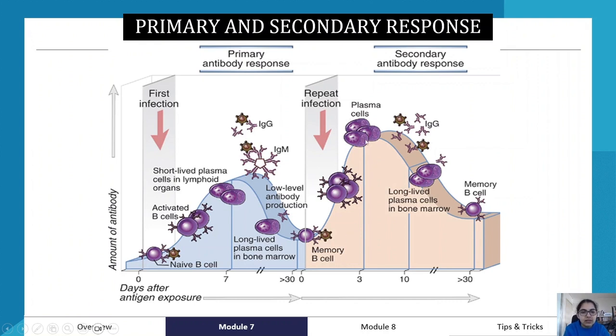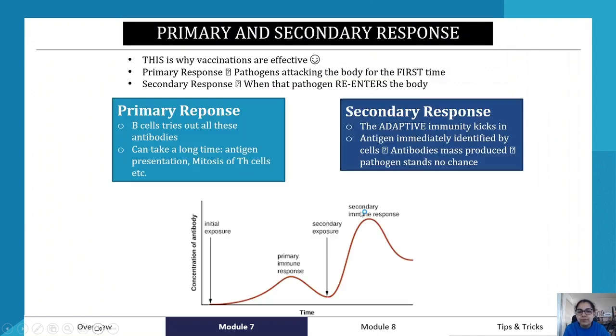We can already see the plasma cells doing their thing, secreting the antibodies, and then we've got long-lived plasma cells in the bone marrow and memory B cells. So they sustain, and we now have even more memory B cells that are going to remember what the antibody was after the second exposure.